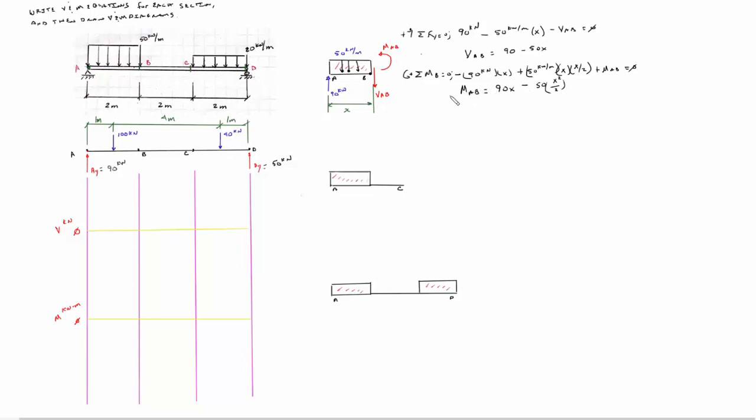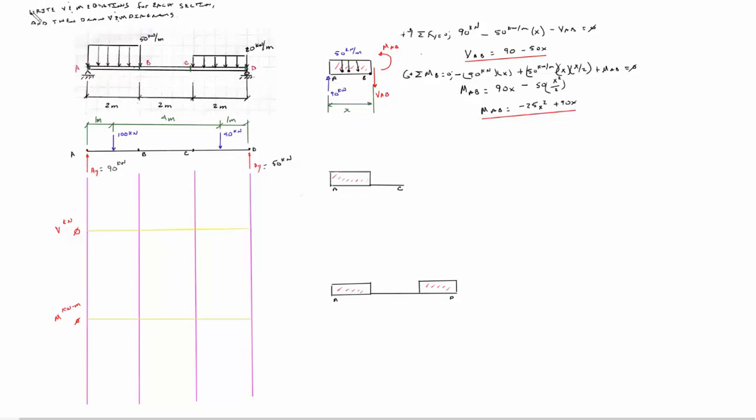What we could also do is write MAB, and I'm going to put the x squared first, that's just how I like to write it. So it's going to be negative 50 divided by 2 x squared plus 90x. So now we've got our equation for moment and our equation for shear from section A to B.